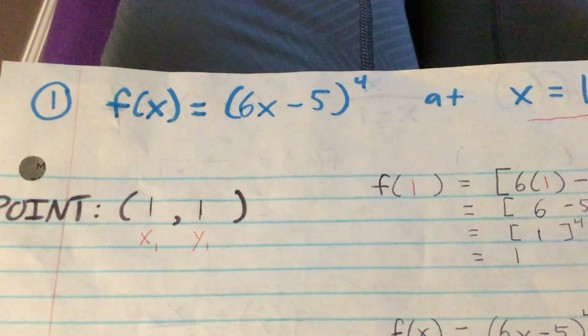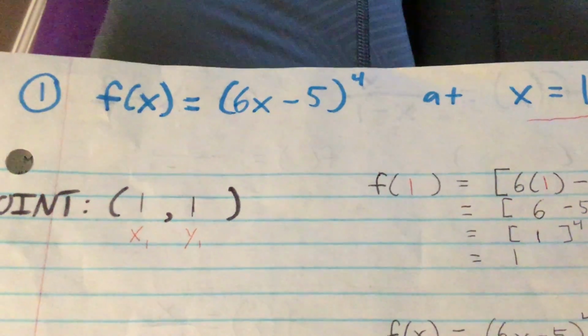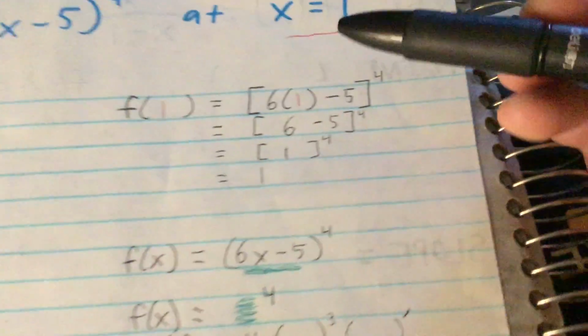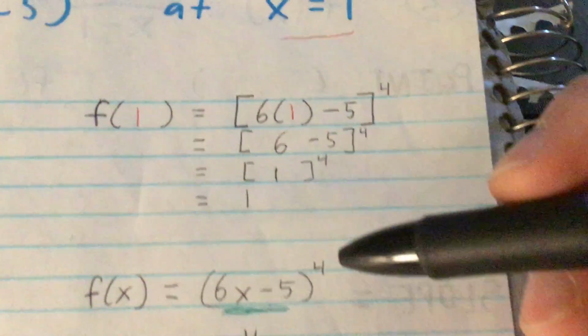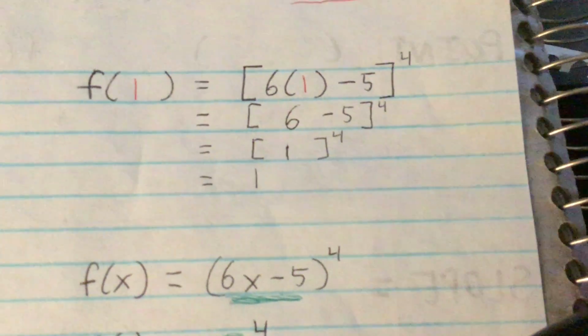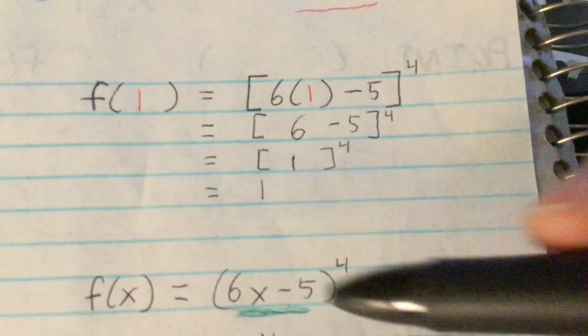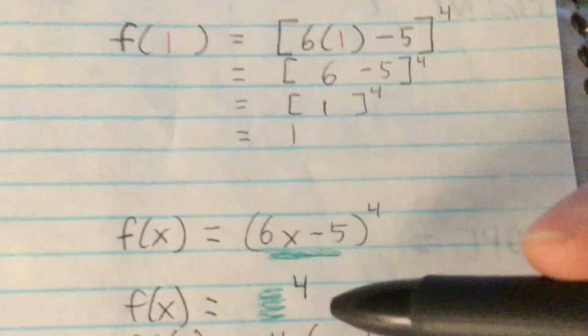Now I need to figure out the slope. There's no slope in algebra for this problem, but there is a slope in calculus for this problem. It's called the derivative. Notice that f of x is equal to (6x minus 5) to the fourth power. I'm not going to use just the power rule; I need to use the chain rule.